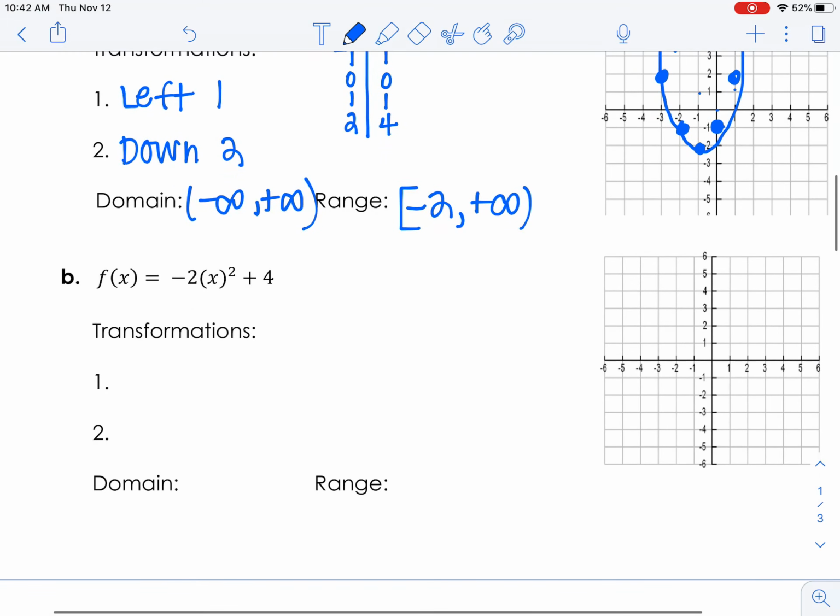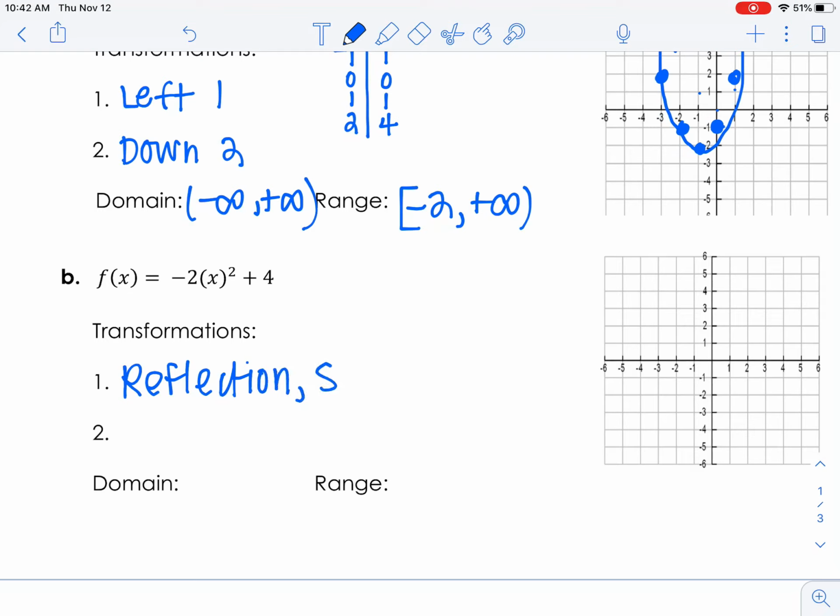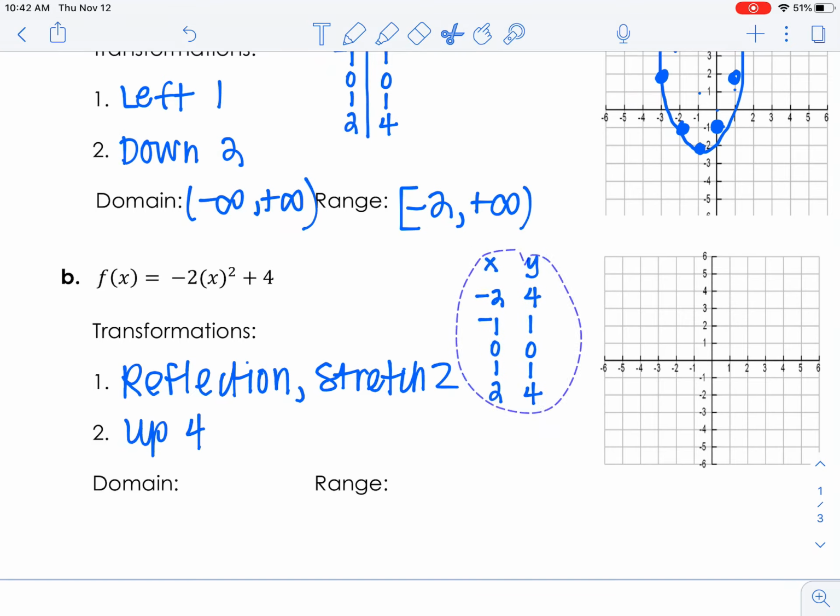Okay, in this case, we have a reflection and a stretch by 2. Then we go up by 4. Okay, so when I paste my table, now remember, anytime we reflect, stretch, or compress, we're going to multiply all those y's by that value.